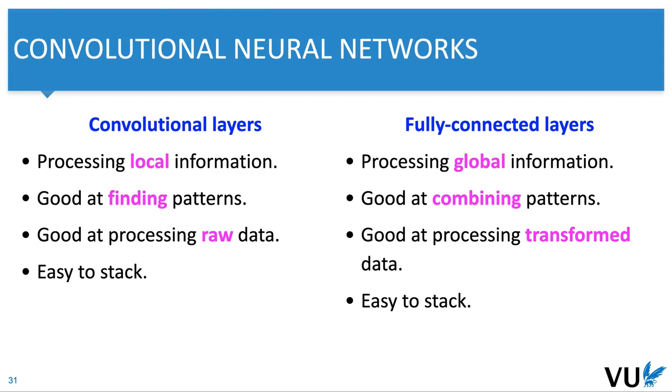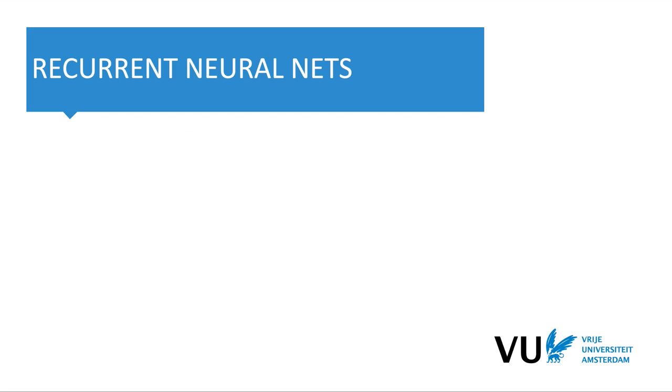Both of these layers are easy to stack, and we can of course treat them as building blocks of a neural network. All right. So this is what I would like you to remember from this slide, from a theoretical, design, conceptual perspective: how you build neural networks and why we use different kinds of layers in neural networks, okay?